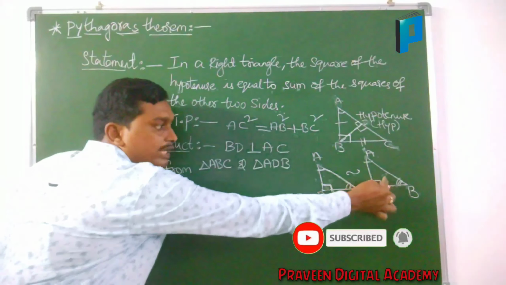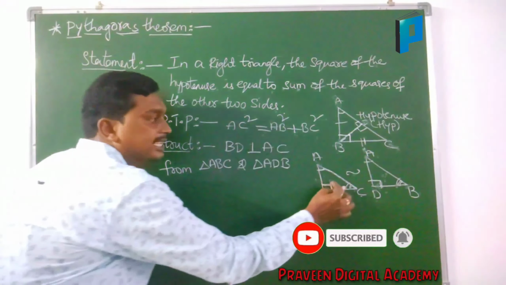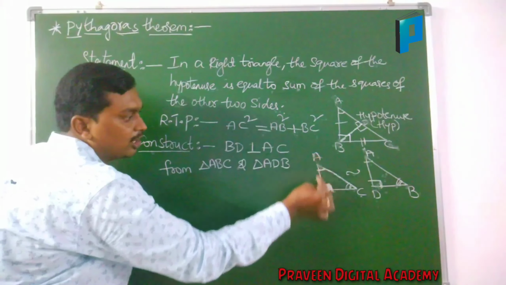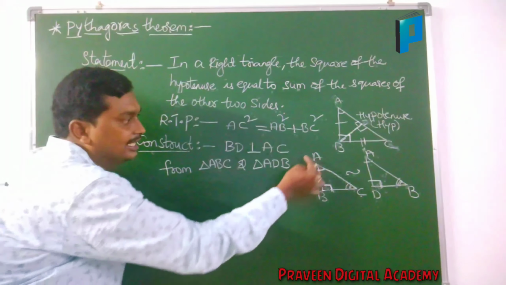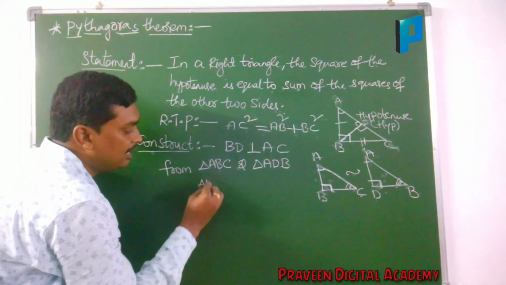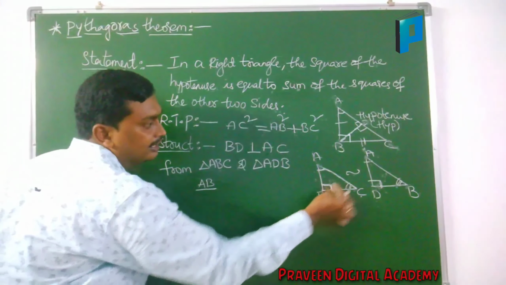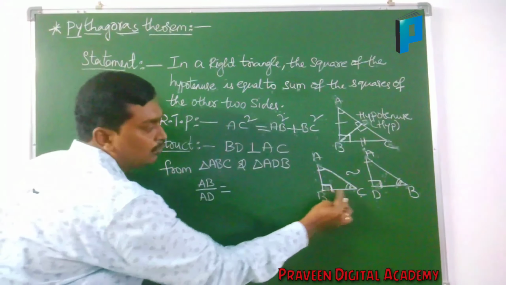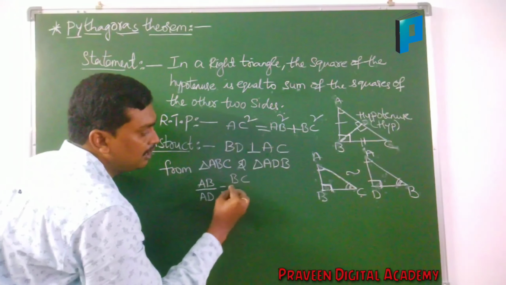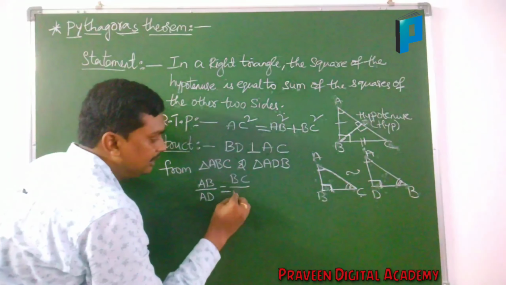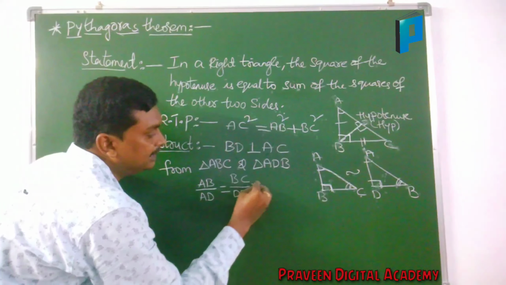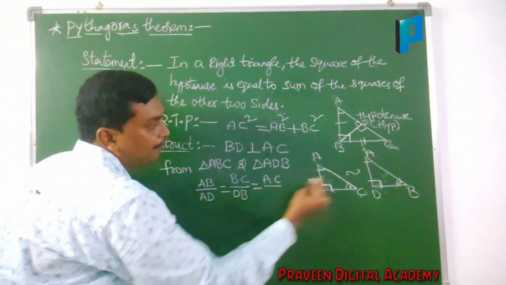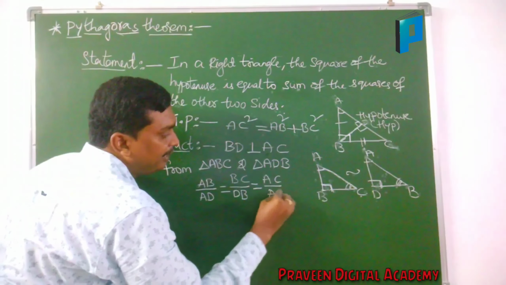Here, if the two triangles are similar, then their corresponding sides are in proportion. The corresponding sides are the side-by-side sides. Here AB by AD is equal to BC by DB is equal to AC by AB.